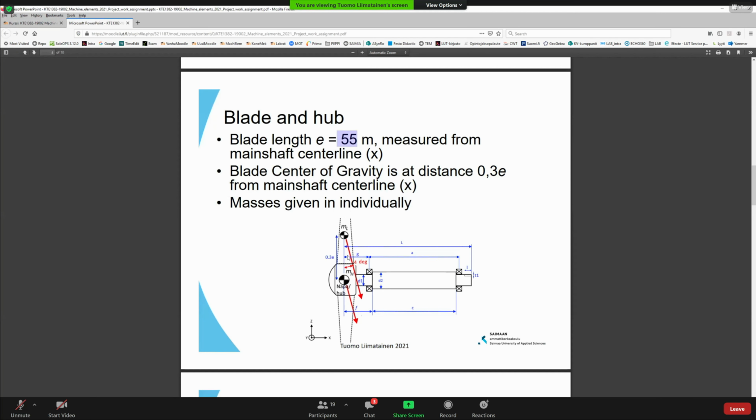The length is measured from the main shaft center line. And what is important for you to know is that the blade's center of gravity is at a distance of 0.3 times E from the main shaft center line. That information you will need to know when you start calculating the torques and the bendings for the shaft. And also the masses for the blades and the hub are given individually.